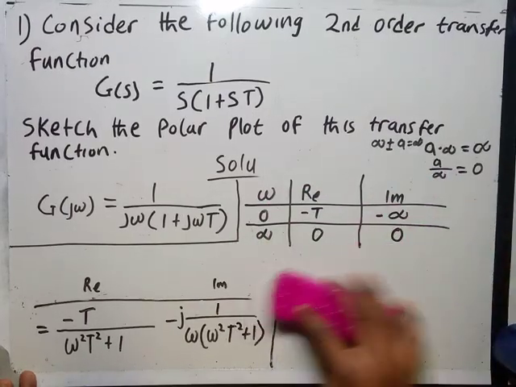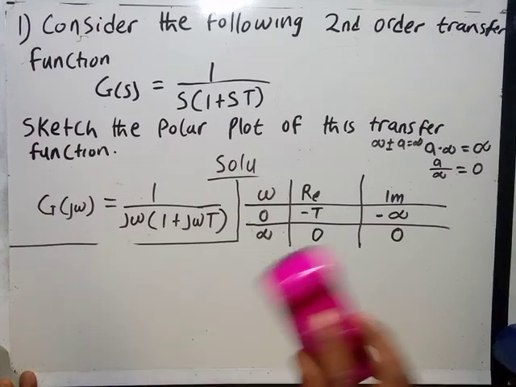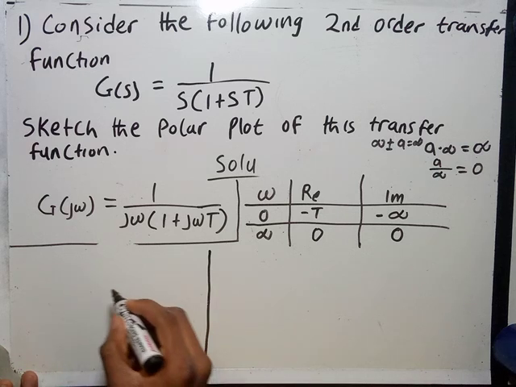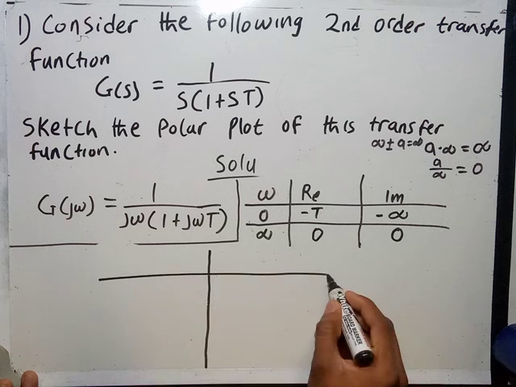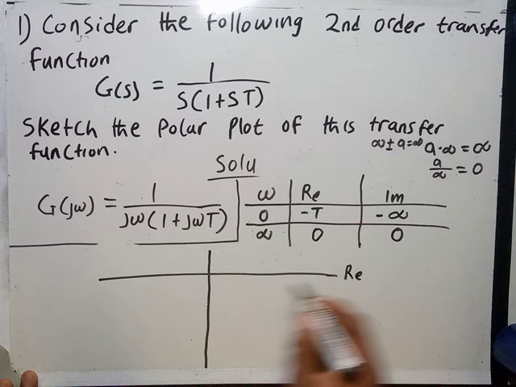Now with this table, this is what we're going to be using to plot. So we will then say in our table, here is our real numbers. Here is for your positive real numbers.